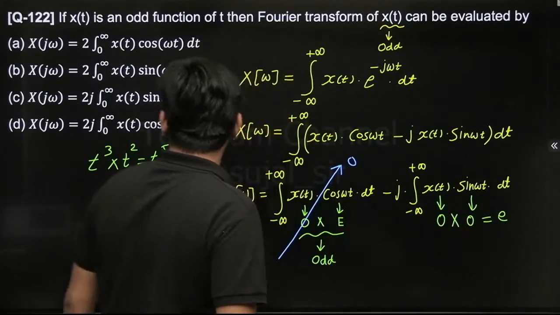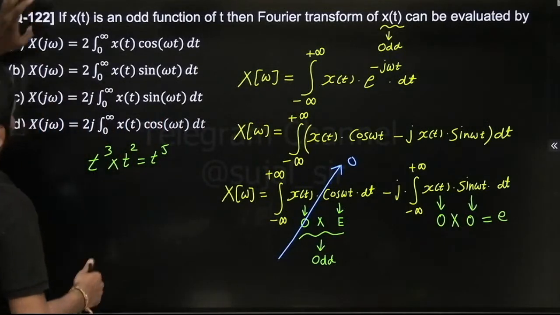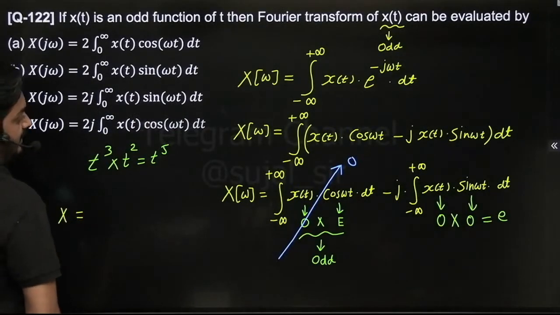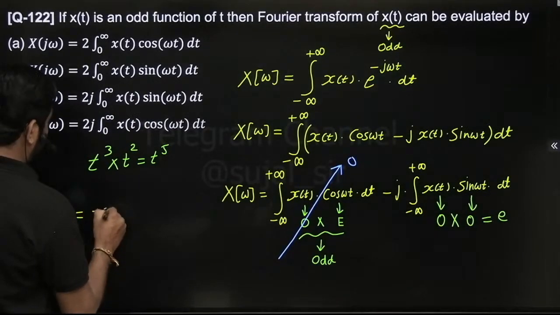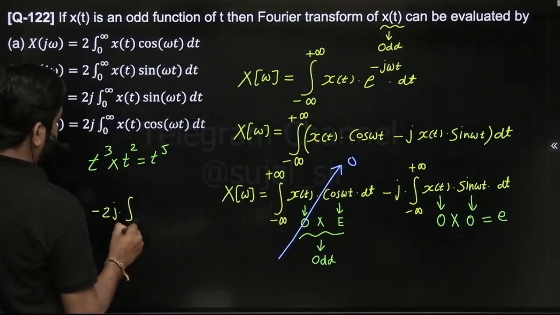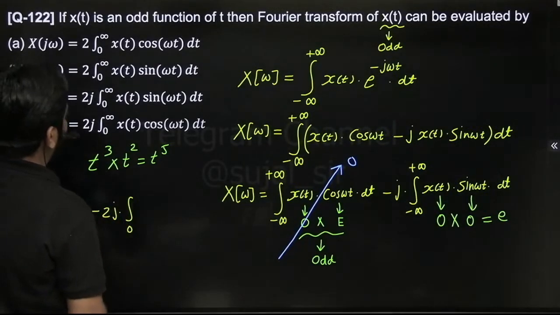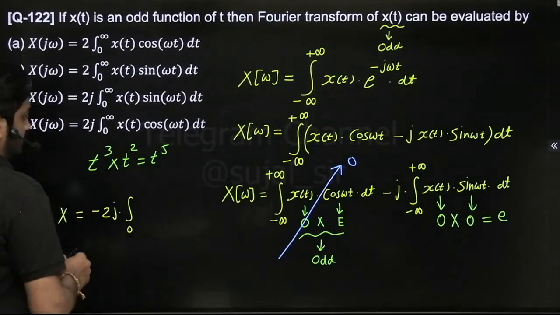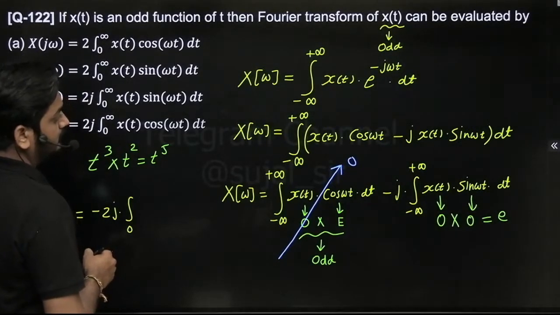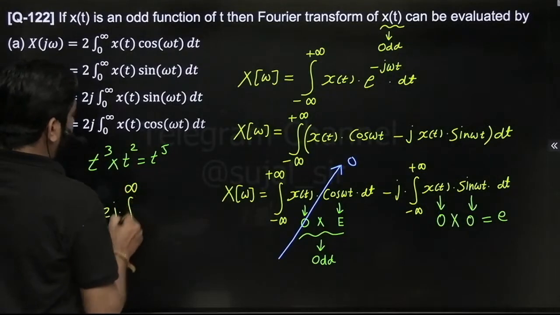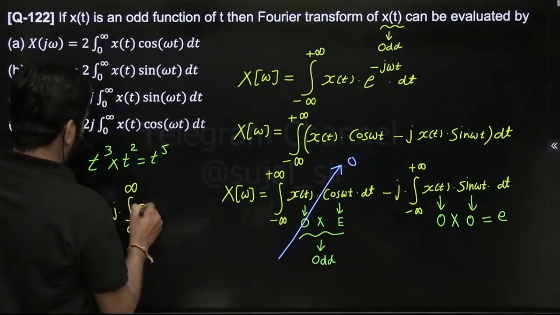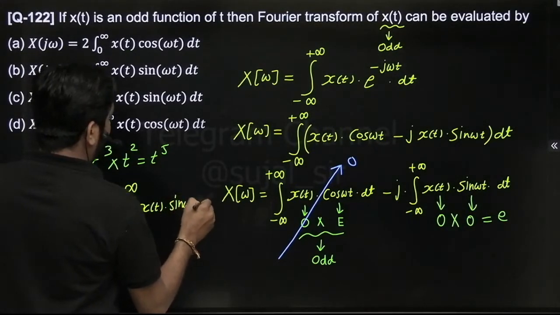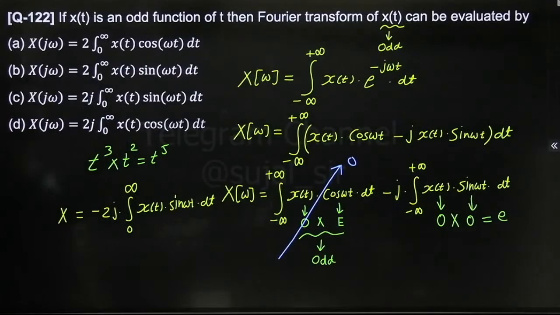Okay, and integration from minus infinity to plus infinity, so you can do the integration from 0 to infinity and you can twice it, guys. So minus 2j integration 0 to infinity of x of t into sin omega t dt, correct?